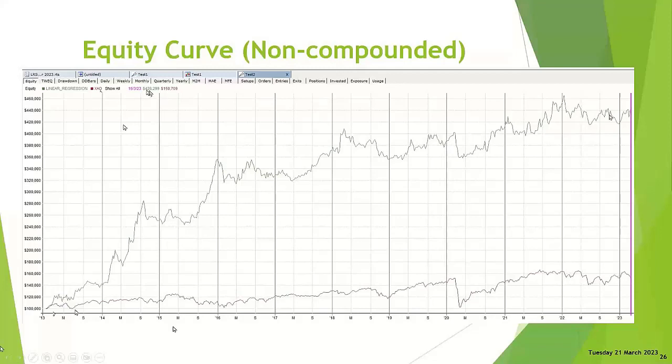You'll see that it turned 100,000 into actually 400,000 over that period of time. So that's not a bad return. Whereas over the same period of time, the XAO turned 100,000 into 150,000. So that, I think, is potentially tradable.